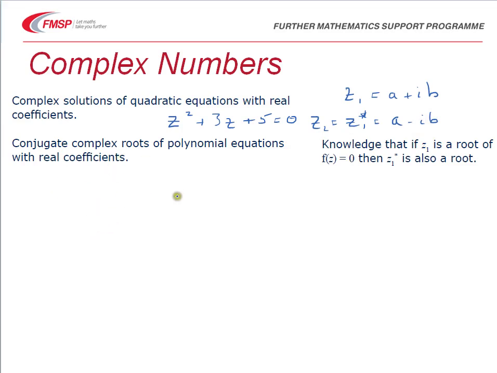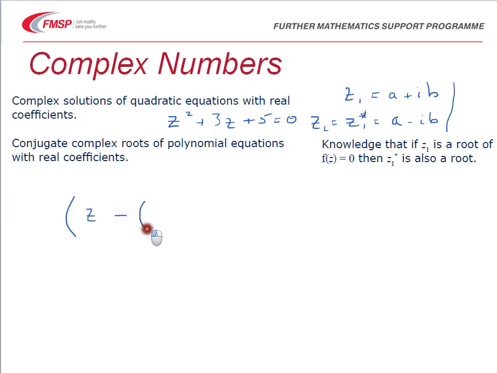The other thing which is worth being able to do is to think about the roots in terms of building up an equation. So if you know that we have two roots as was shown here, then we can write those in the form z minus z1 and z minus z2 in terms of the factors of the polynomial.